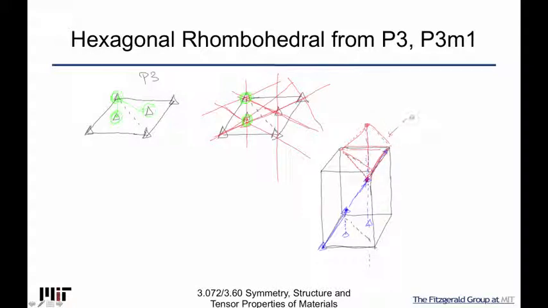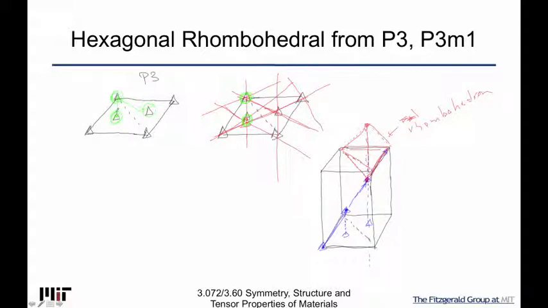That's a rhombohedron. And so that's a rhombohedral cell, and so this is the hexagonal rhombohedral. And you get the same thing here, it's just that there are mirror planes passing through each one of these.